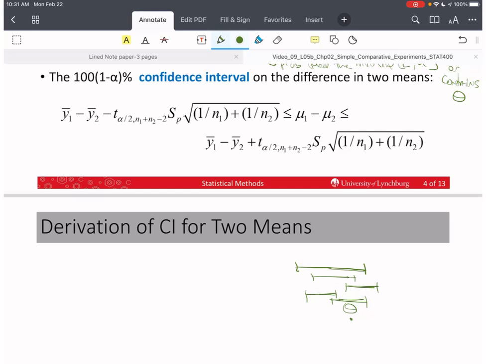It can be right on one edge of it, or the other edge, or close to one edge, or near the middle. But we don't know. So it's not appropriate to say the probability that theta is between these two values. It's more appropriate to say that the two values cover theta.